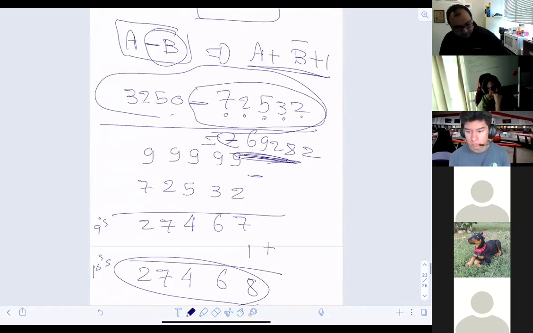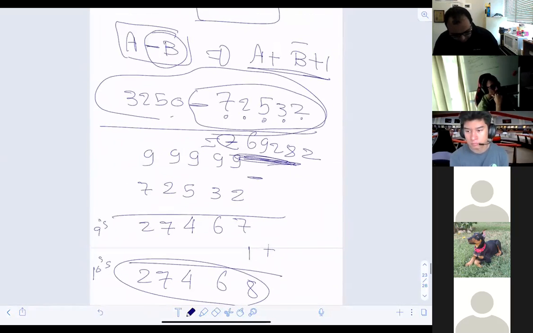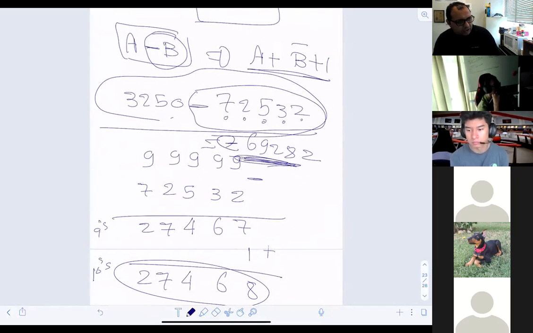Go there, 69282. You said the negative came from what? It came from that the number before the subtraction is actually higher than the 32952, right? So basically we have to build a comparator, and the comparator will compare the two values, and from there the sign will be assigned. You understand what I'm saying?